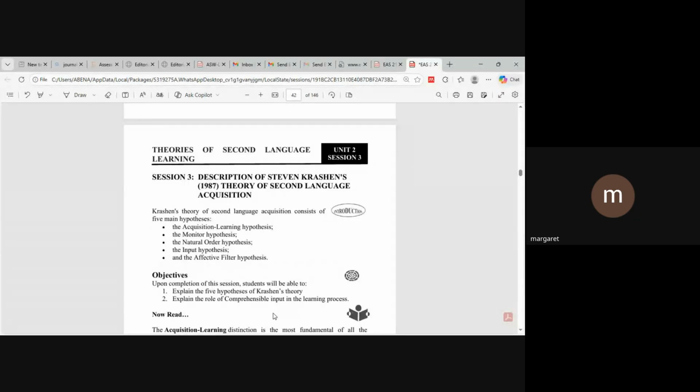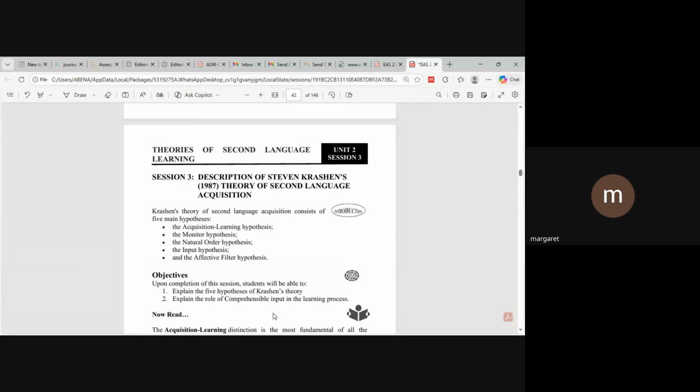They are saying that with all these hypotheses met, language learning and acquisition can take place. So we are going to go through Krashen's five hypotheses of second language theory.